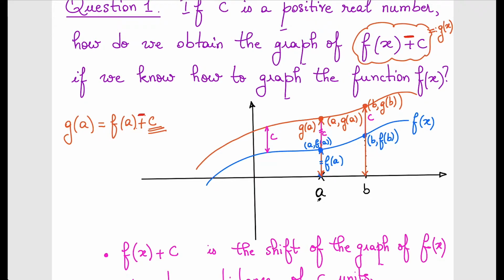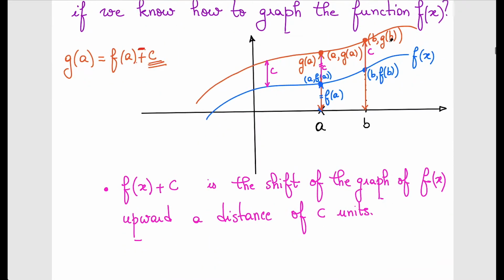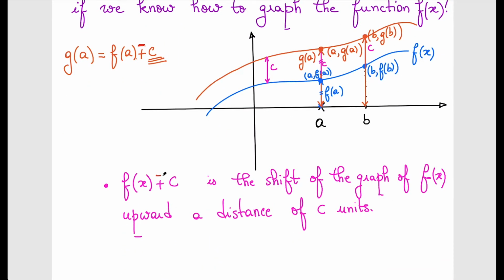So instead of going upward c units, you're going to go downward c units. So you're going to be shifting the graph of f downward by c units if you go for minus, correct? So if this is a minus, that's going to be downward.